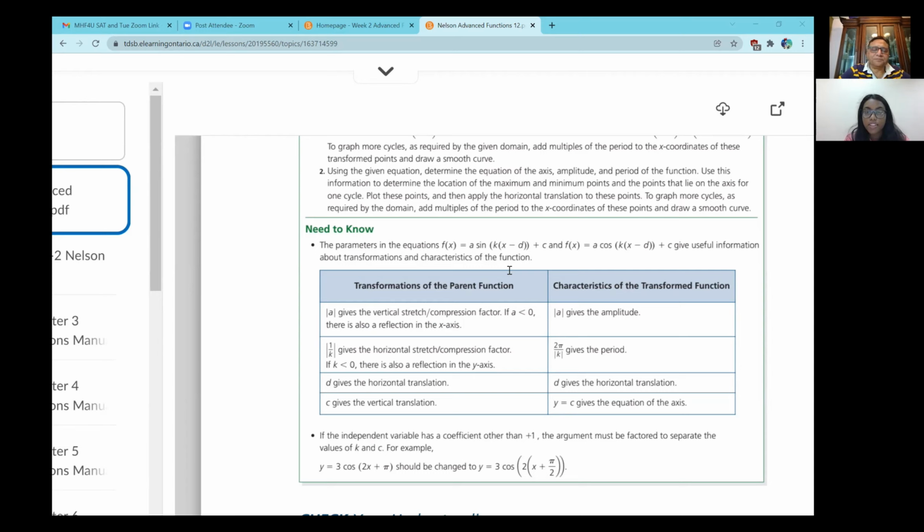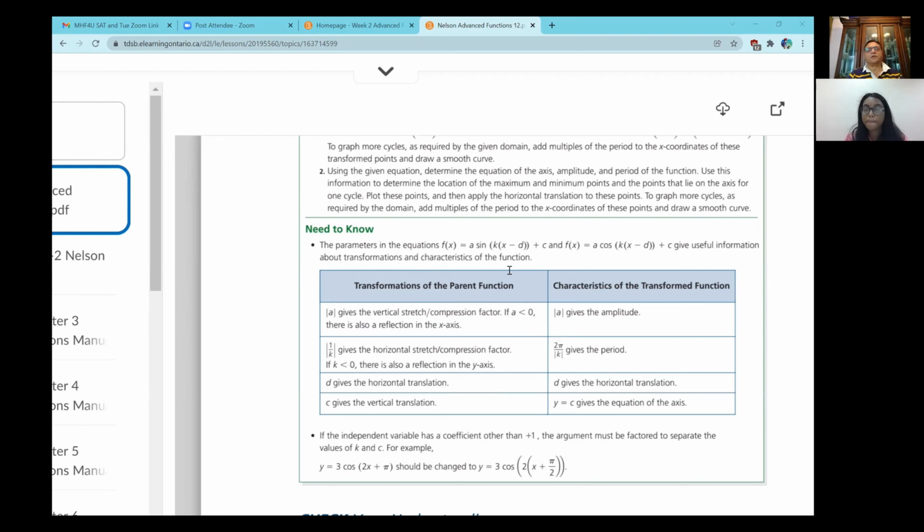If a is less than 0, there's also a reflection in the x-axis. 1 over k gives a horizontal stretch or compression factor. If k is less than 0, there is also a reflection in the y-axis. d gives a horizontal translation, and c gives a vertical translation.